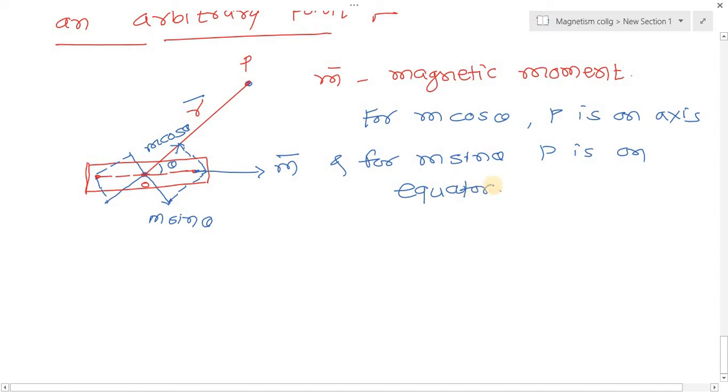Using this result, we know the axial and equatorial magnetic field. For the axial point, let's use the formula for B axis.